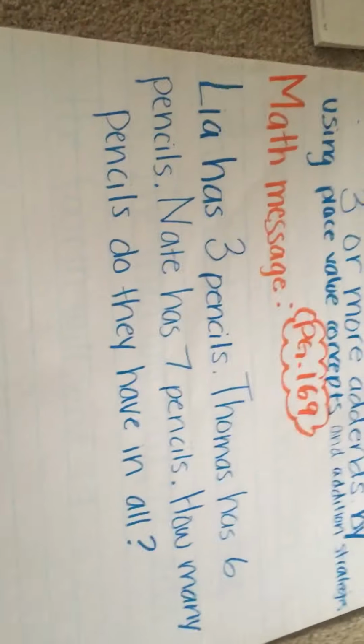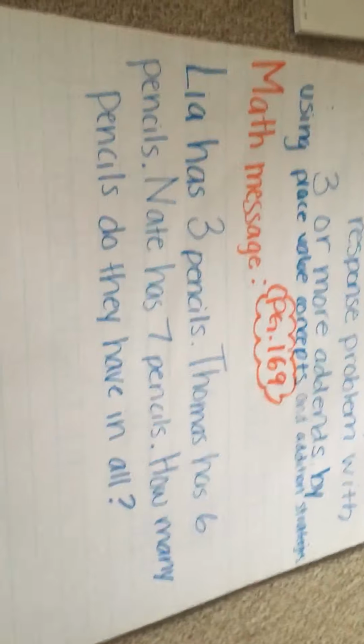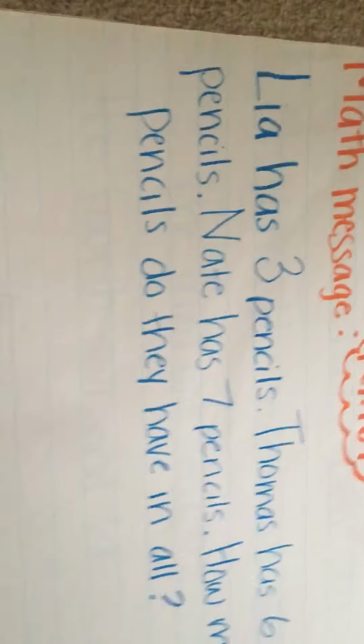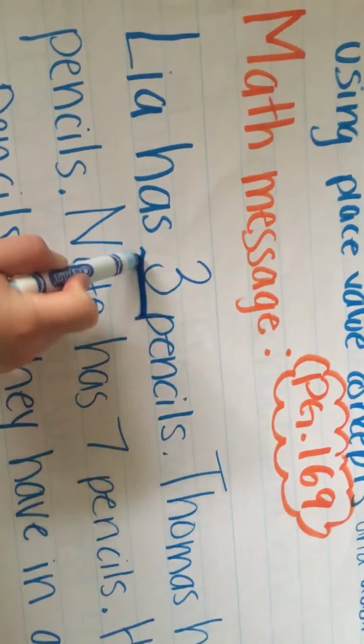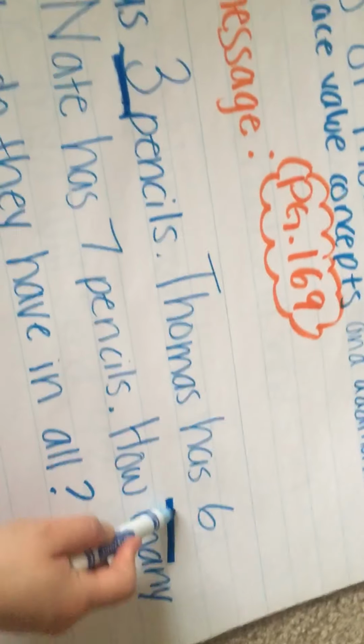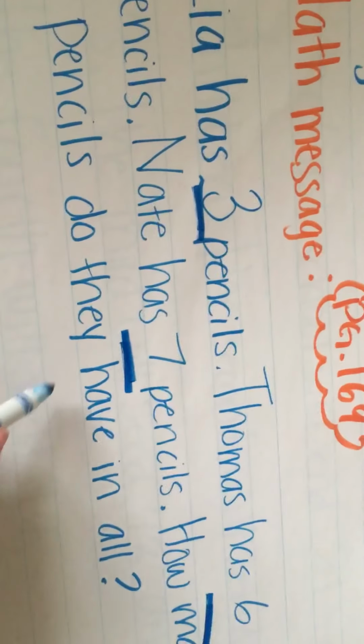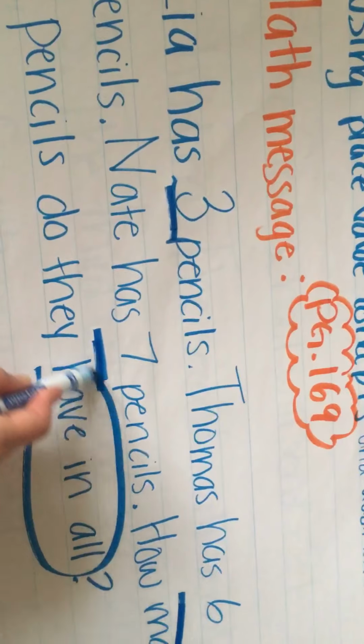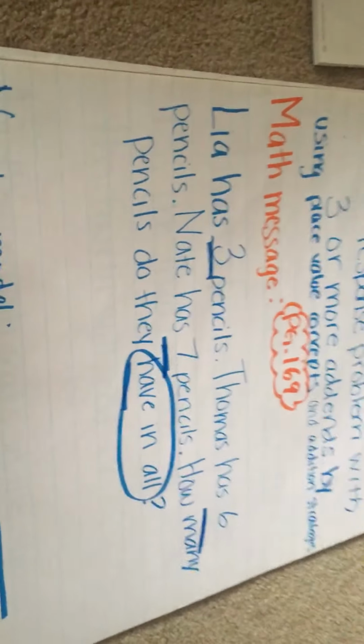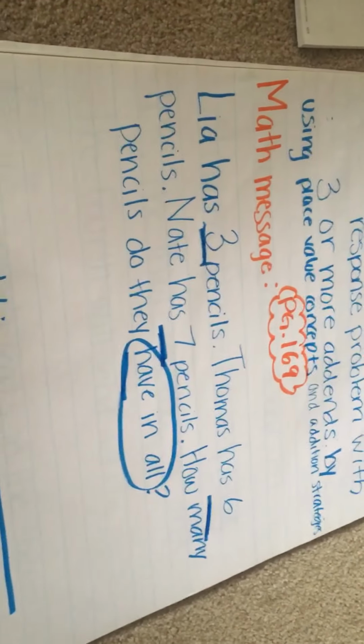So your number model should include all of your numbers. So it should include the 3, the 6, and the 7. And remember, they're using the keyword in all, so your symbols should be addition.